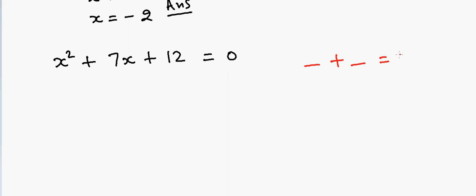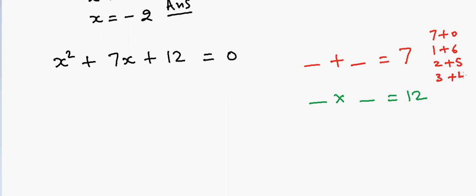If I add them up, it should give me 7, and if I multiply them, it should give me 12. Now here that would be 7 plus 0, 1 plus 6, 2 plus 5, 3 plus 4.